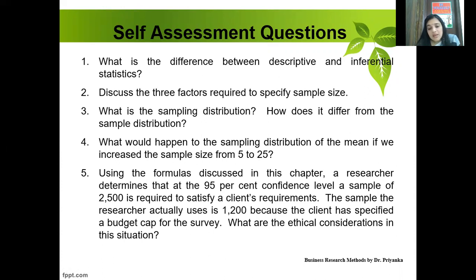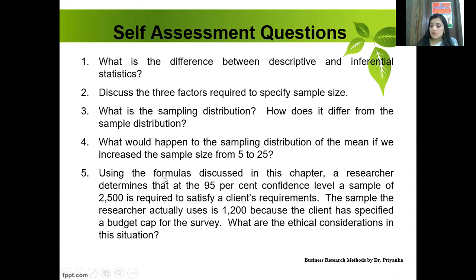Then you can calculate all the dispersion levels, and you will find that as the sample size varies, your dispersion would vary, and from 5 to 25 dispersion is going to decrease. Then using the formula, your sample size is being corrected as it increases.